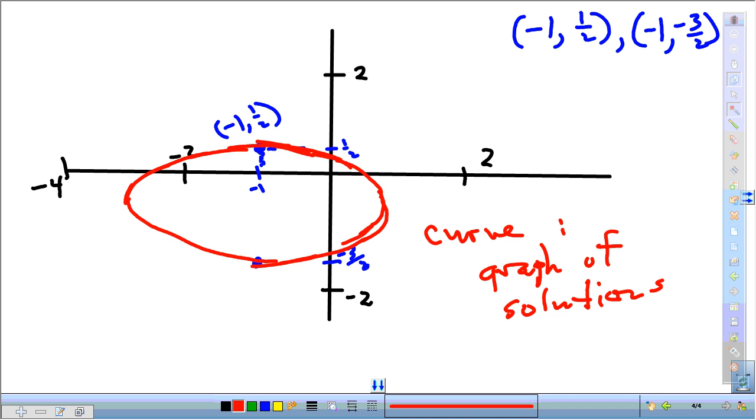So, usually with an equation in 2 variables, we end up with some curve as the set of solution points. And here I've sketched in somewhat, if we graphed enough points, the kind of curve we would see.